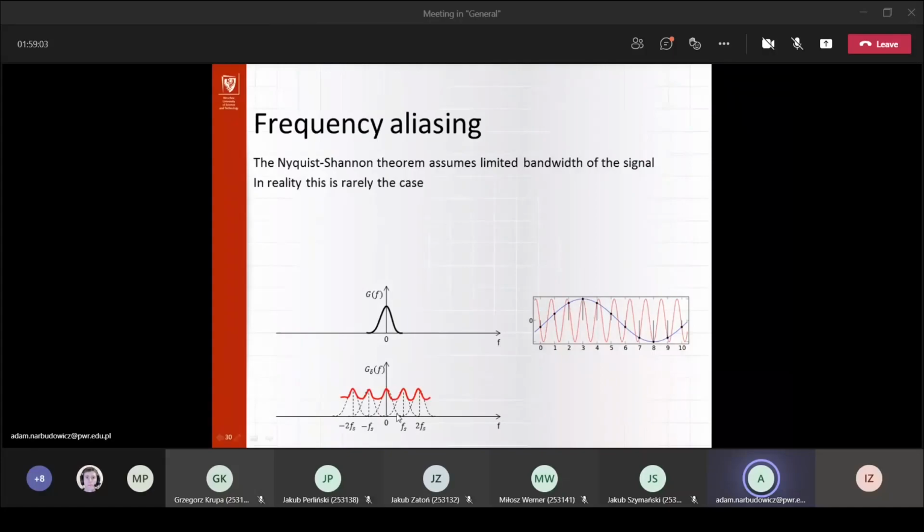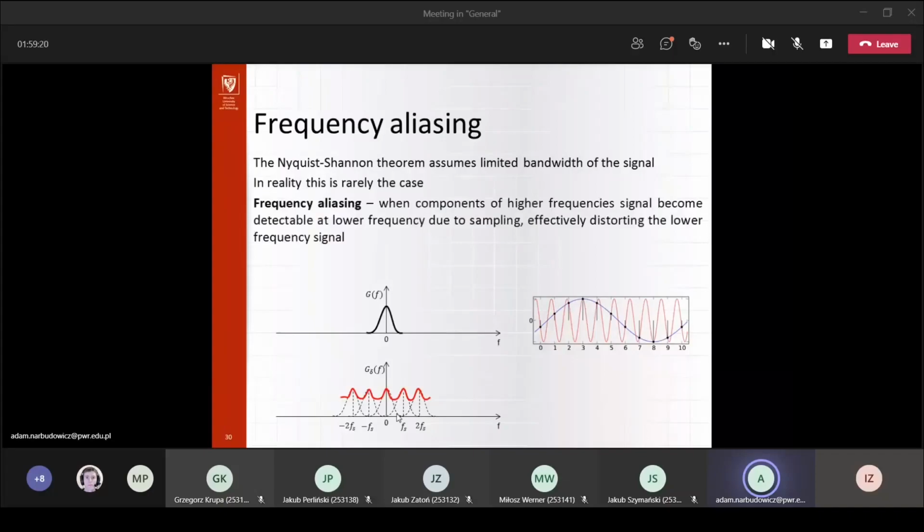And then again, it's difficult to distinguish whether this is the upper frequency part of your signal or the aliasing copy of the lower part. This is something that should be avoided at any cost, because that's an easy way to lose information. Okay.